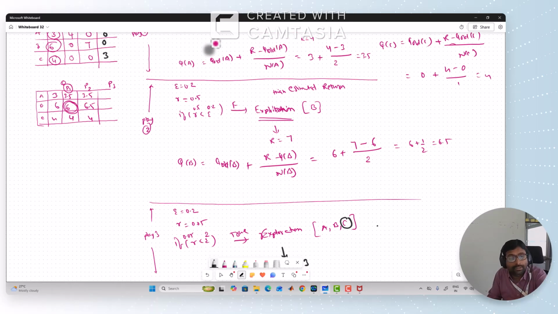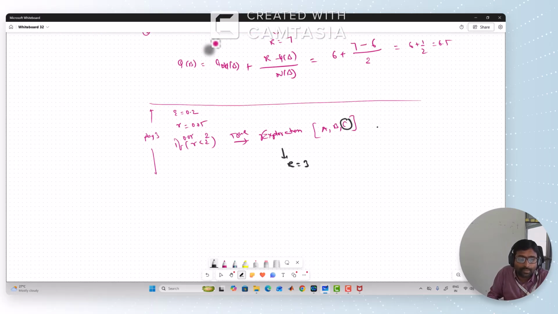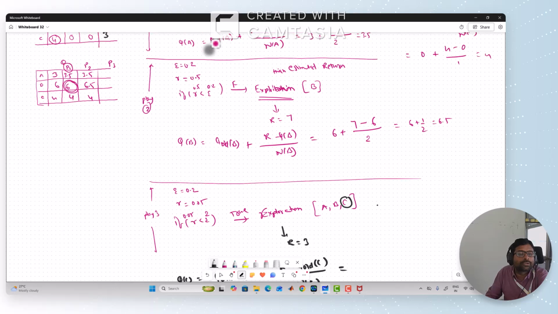Right. So now you can update your Q of C value. So Q of C equals old Q of C plus reward minus old Q value for the machine C divided by number of plays on that machine. So what is the old Q value? That is 4, plus what is the reward value? That is 3, minus 4 old, by number of plays.